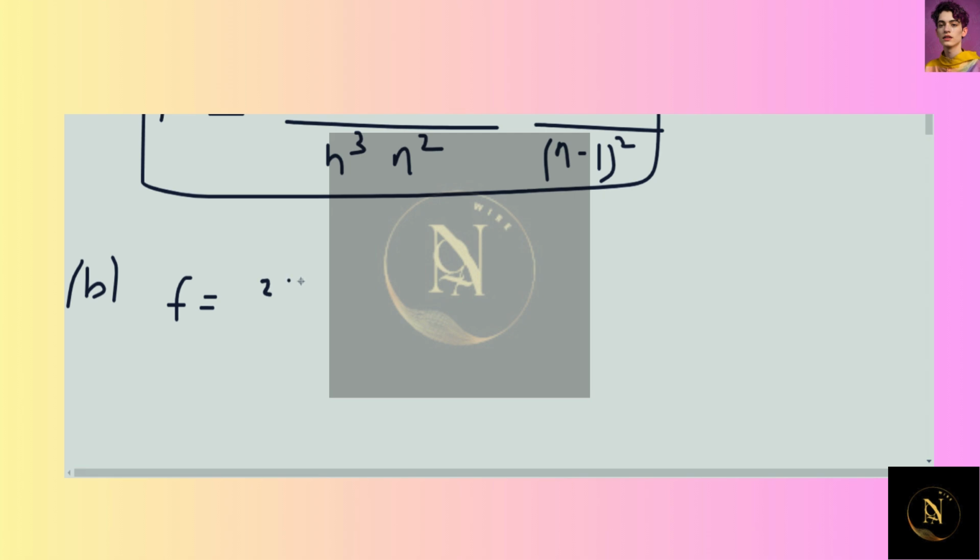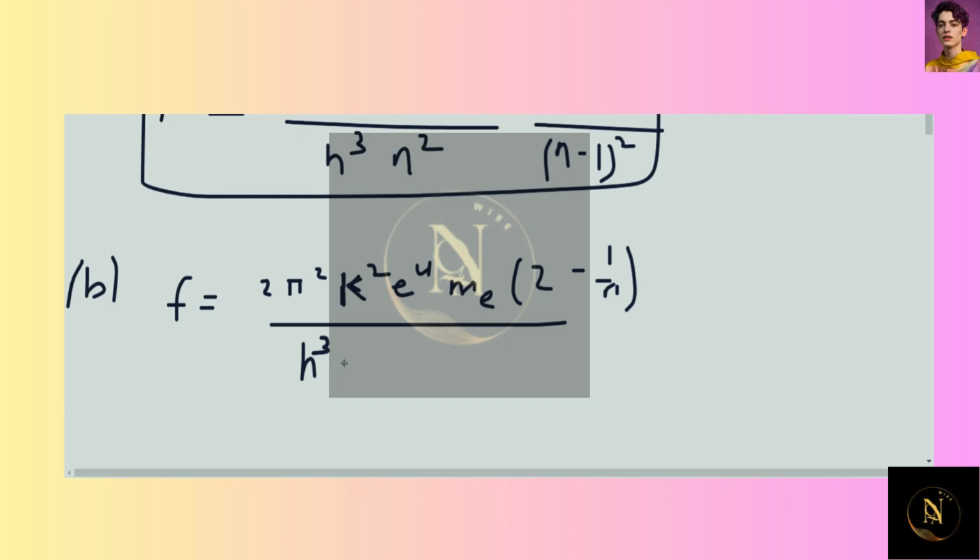Okay, so now we have, scroll down a little bit. We have the frequency f is equal to 2 pi squared k squared e to the fourth m sub e, times 2 minus 1 over n, divided by Planck's constant cubed, n cubed, times 1 minus 1 over n squared.